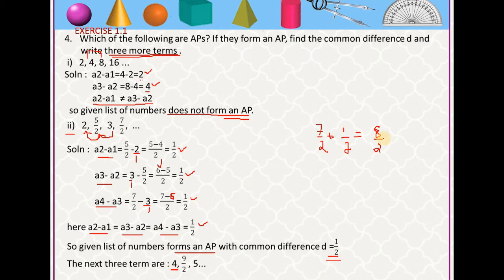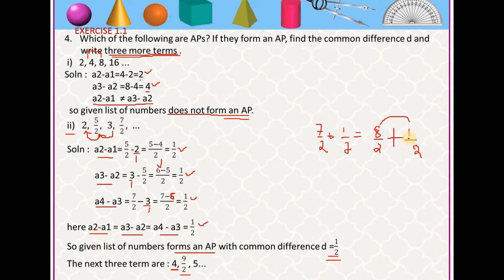Again for this we add 1 by 2, because 1 by 2 is the common difference. So you add 1 by 2, again you add 1 by 2, then what will you get? The numerator is 8 plus 1 is 9, so 9 by 2 is the next term.